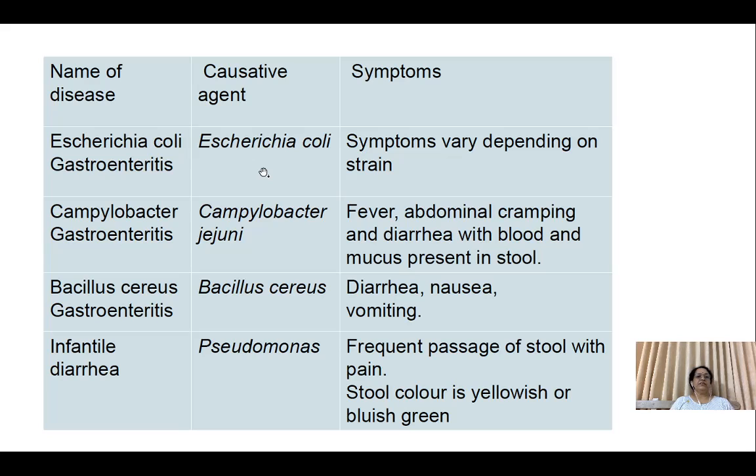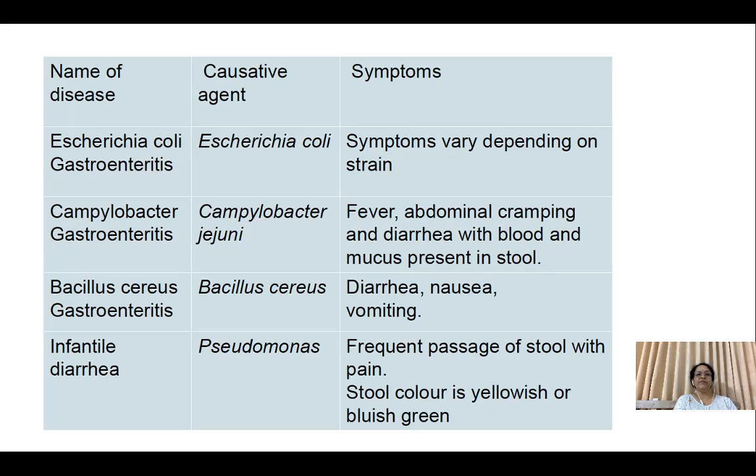Next infection is by Escherichia coli. Name of disease: Escherichia coli gastroenteritis. Here, symptoms vary depending on strain, but diarrhea is common. If symptoms are like bacillary dysentery, at that time in the stool, blood and mucus is present.